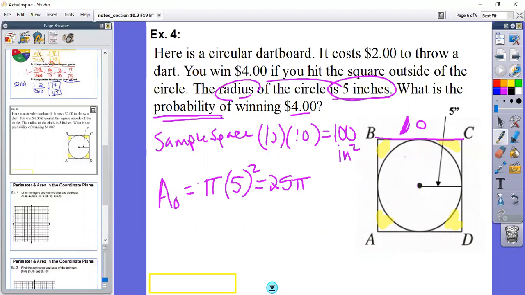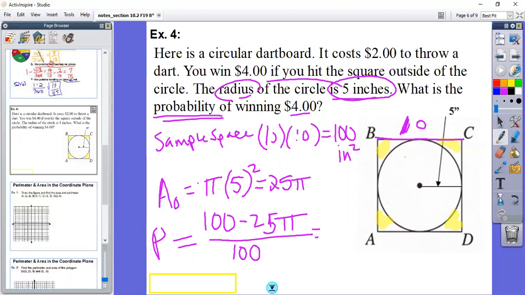So when I'm finding the probability, I want to think, okay, well, my probability is going to be the area of the yellow. The area of the yellow is going to be the big square minus the circle, right? And then in the denominator, we're going to divide by the entire area. So that would be the big square.